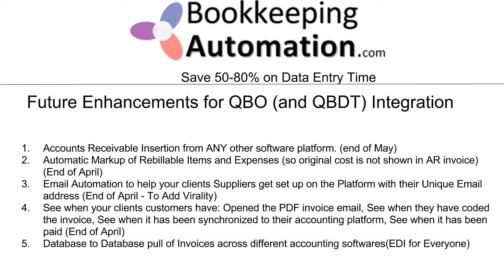We'll also have the rebillable items and expense component built into our platform in the next sort of 2 to 3 weeks. We're building in an email automation component as well to help your clients get their suppliers onboarded onto our platform. So for example, there's a client we're aware of, they get all their electrical supplies from a large electrical wholesaler.